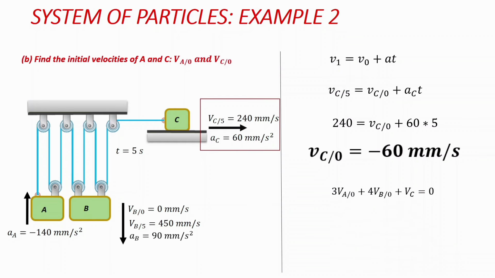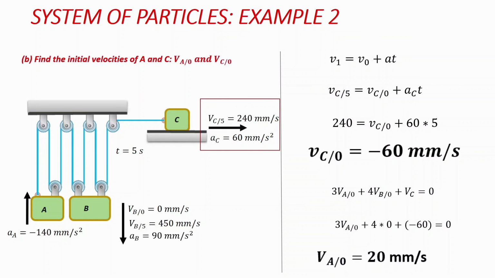So the only equation that is valid is the equation that relates the velocities of the different particles. We have the velocity of particle B, which started from rest, to be 0. We put it into the equation, and we calculated the velocity of C earlier to be minus 60 millimeters per second. By the time we simplify this, we have the initial velocity of A to be 20 millimeters per second.